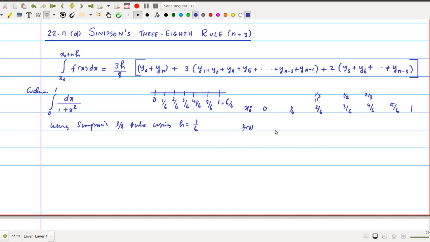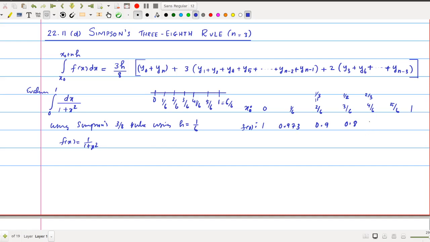Okay, so the function values are obtained by evaluating f of x equal to 1 by 1 plus x square at all these points. You will get the function values: 1, then 0.9730, next 0.9 at 1 by 3, and at half we have 0.8, which we have already used in the previous case.